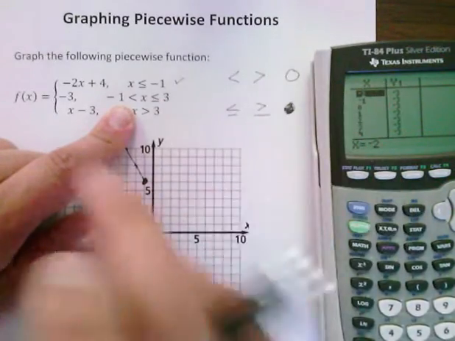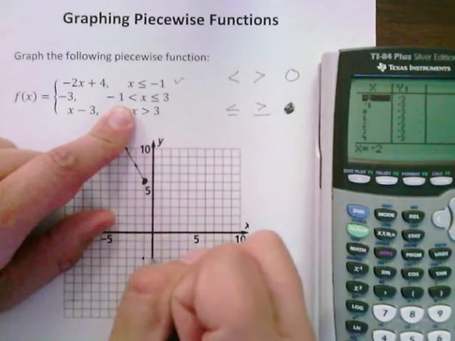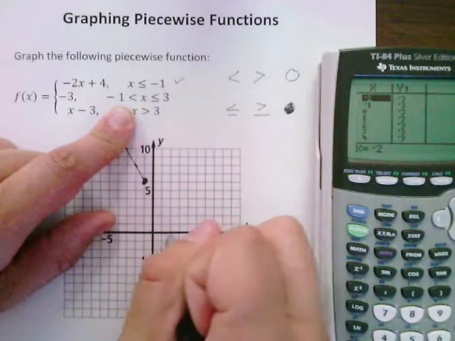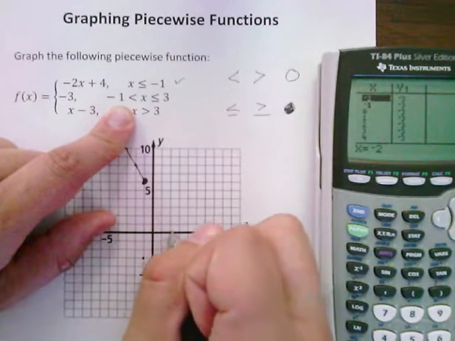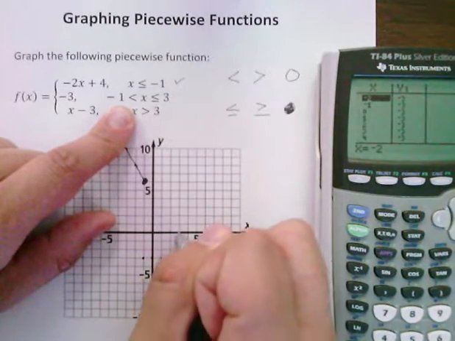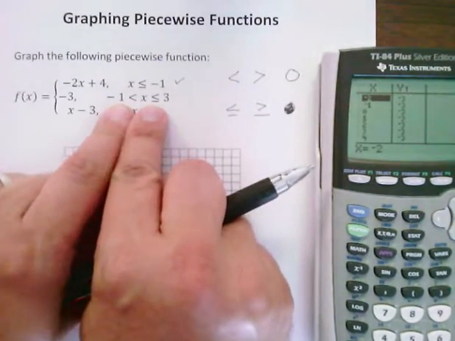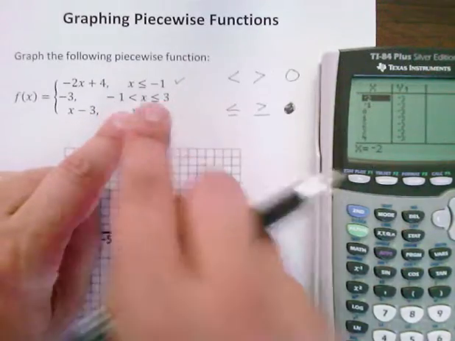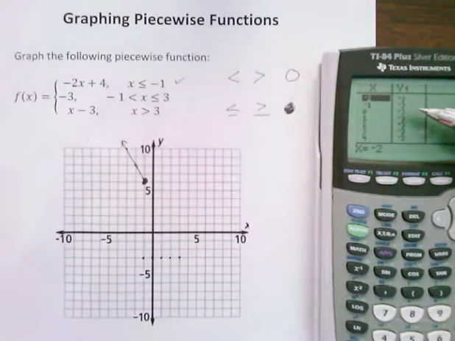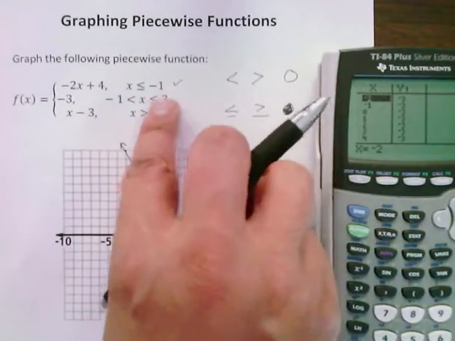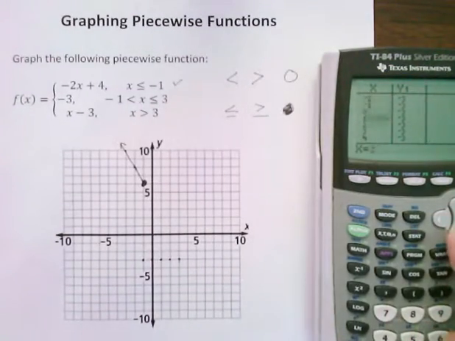The next one would be (0, -3), then (1, -3), (2, -3), and (3, -3). Because again, I only need the x values from -1 to 3. So I don't have to worry about the -2s, the -3s, the -4s, or the points beyond 3, like the 4s, the 5s, the 6s.